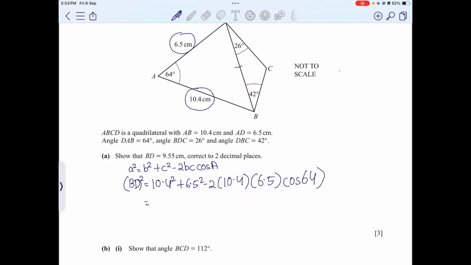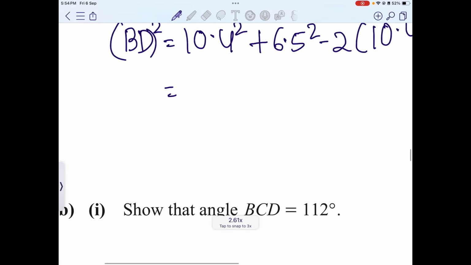When you put this in your calculator, 10.4 squared plus 6.5 squared minus 2 times 10.4 times 6.5 times cos of 64, you get basically 91.14222.095.